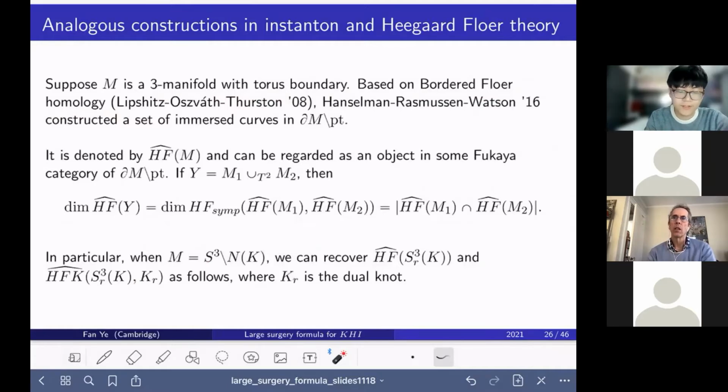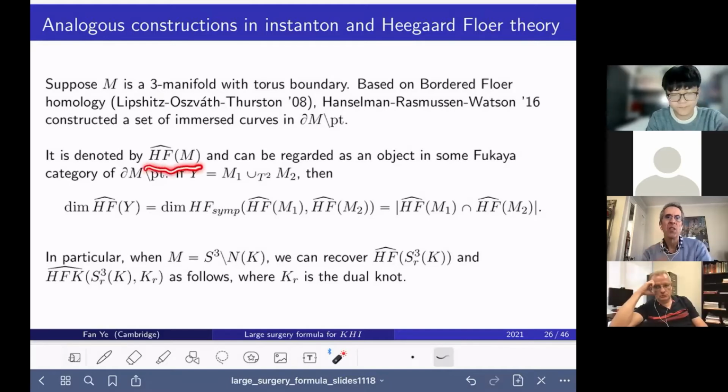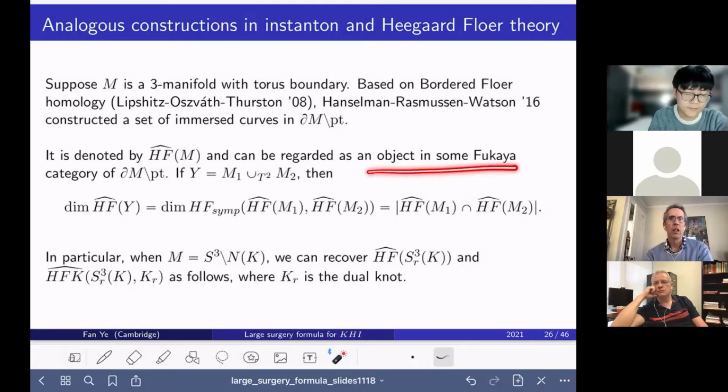And later, Hanselman, Rasmussen, and Watson constructed a set of immersed curve invariants on the boundary of M minus a point, which is denoted by HF hat of M. And this can be regarded as objects in some Fukaya category of the boundary of M minus a point.